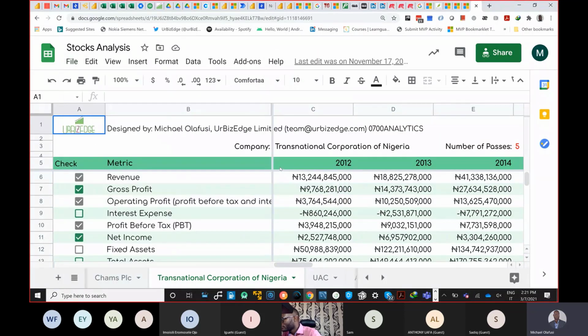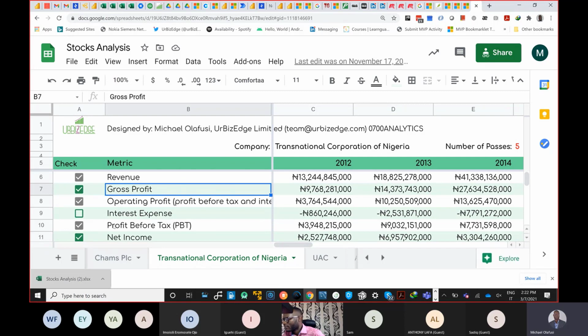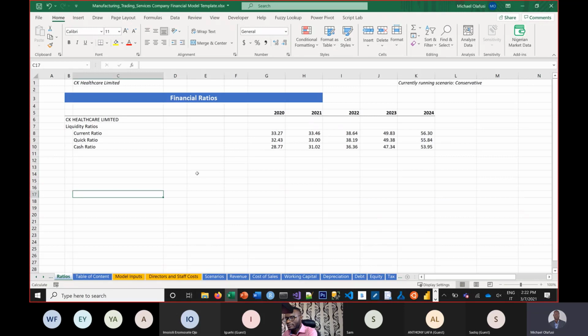This is some of the work my team has done. We've collected data across all the actively trading companies, and I know Guinness and Nigerian Breweries are part of the data we've gathered, so I can use that for the demonstration. So I'm opening the file. Okay, so that should come up.